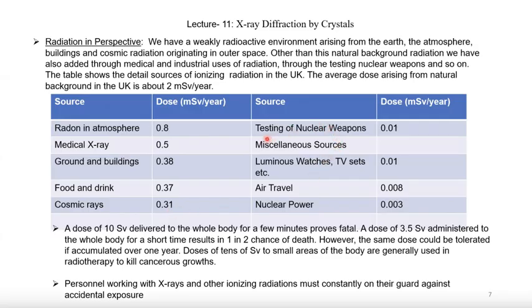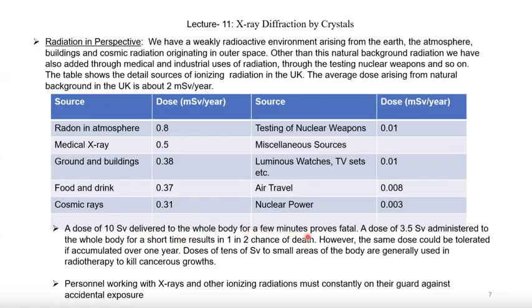Other than this, testing of nuclear weapons 0.001 millisievert per year, miscellaneous sources such as luminous watches and TV sets about 0.01 millisievert. Air travel gives about 0.008 millisievert per hour, nuclear power 0.003.